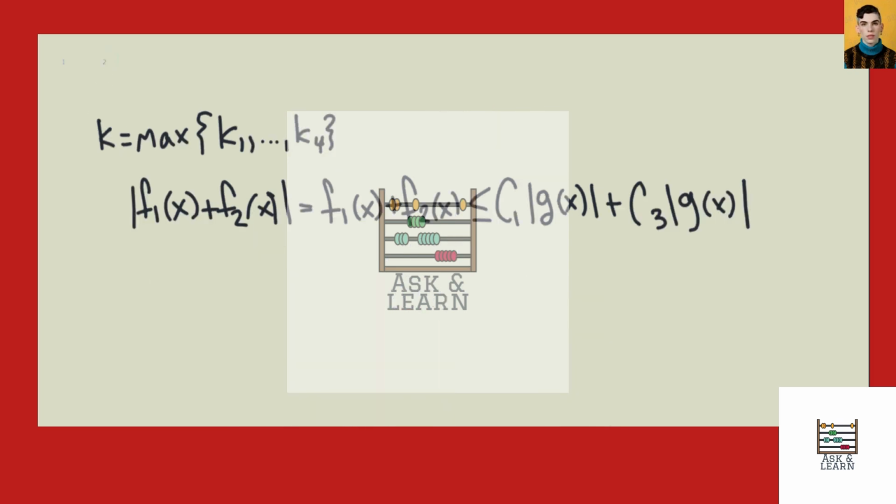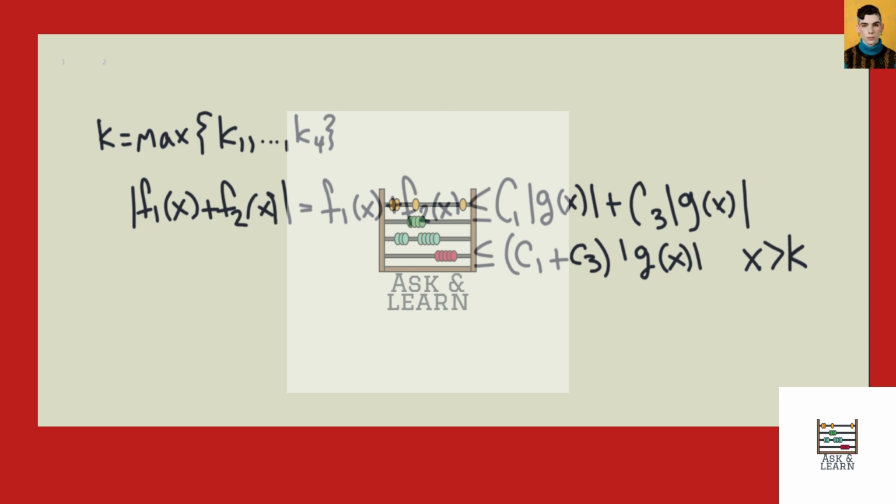Great, well, we can combine c1 and c3. Right, so this is going to be c1 plus c3, it's the distributive property, times g of x. And this will occur, of course, when x is greater than k.